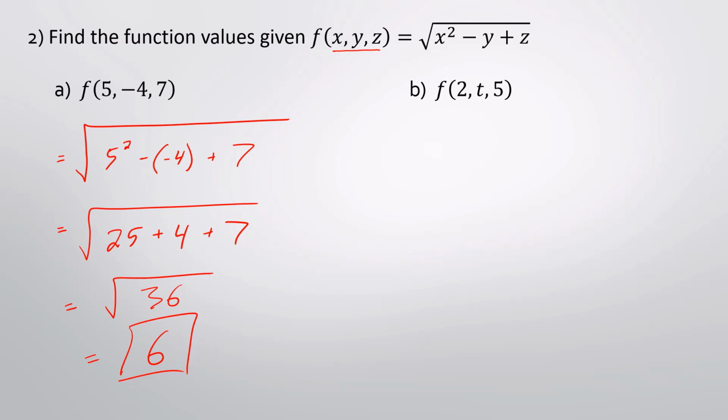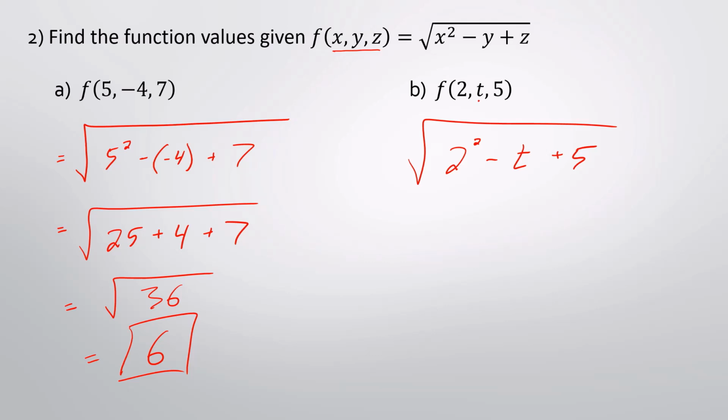Similar to the first example, with letter B this now has a variable that's going in place of a number, so I'm expecting my answer to be an expression, not so much a value, that likely contains t. We'll plug in just like we did for part A. Got our big square root symbol, plug in 2 where x is, so this would be 2 squared first, minus our t, which was the y, and then z is a 5.